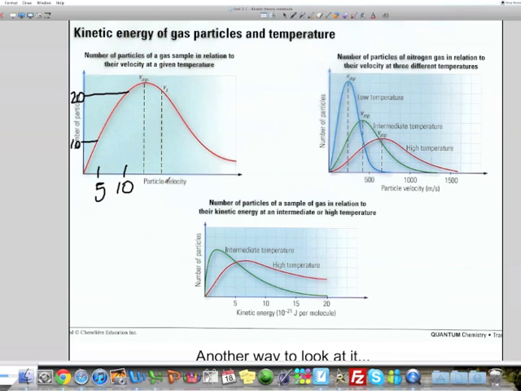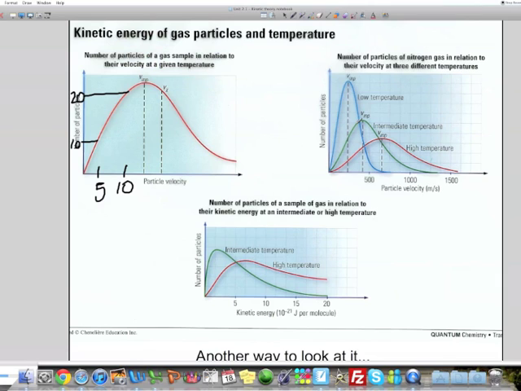As I was describing before, not all particles have the same amount of energy and therefore the same amount of speed. So the average particles in that group have average speed.